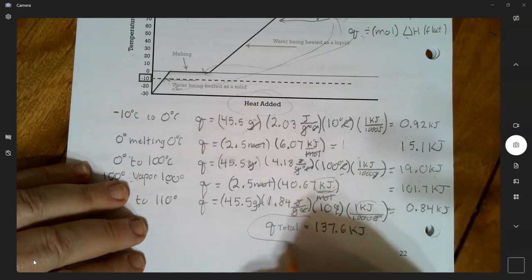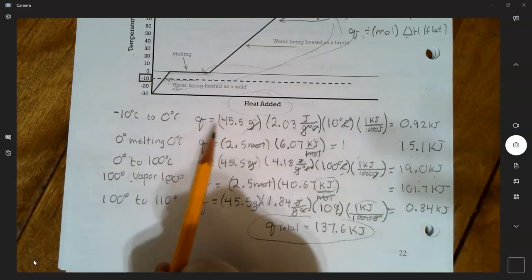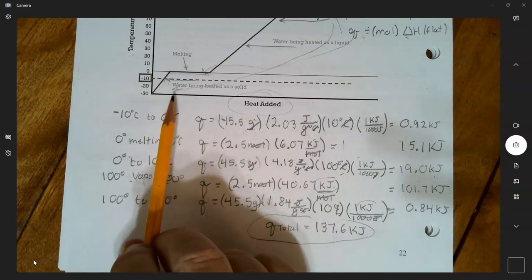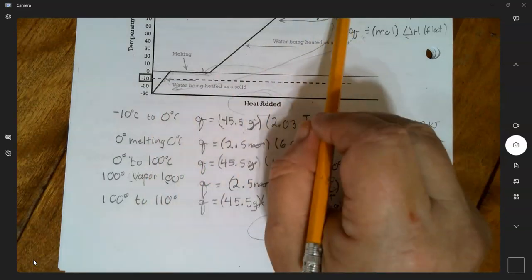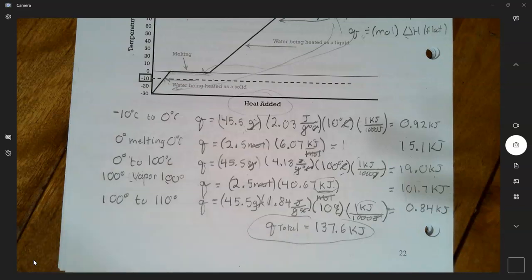All right, again, that's the heat required to bring a certain amount of ice, 45 grams, 2.5 moles, from negative 10 up to 110. It requires that much heat energy put into the ice, or the H2O, we'll say.